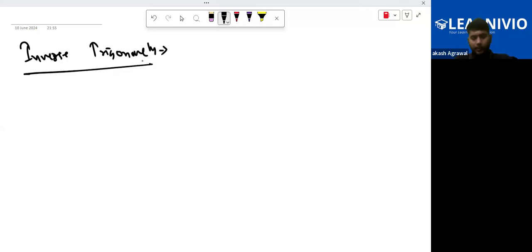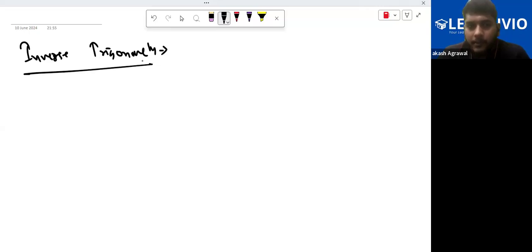Okay, so I told you that to find the inverse of any function, that function has to be 1-1 and onto, right? Yes or no? Yes, sir. And we also saw that cos x was not 1-1 and onto. Yes, we did a question.